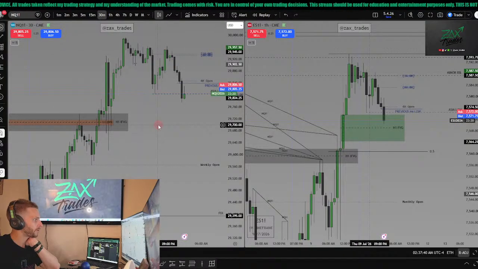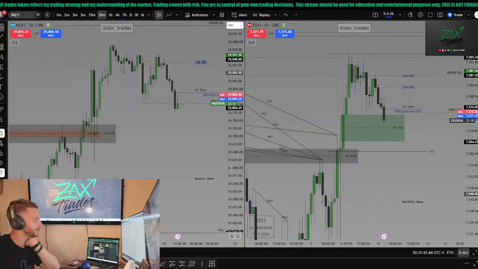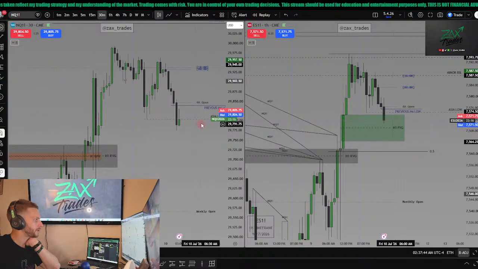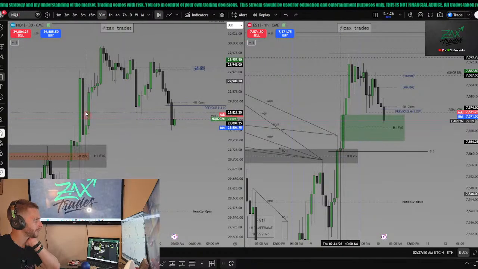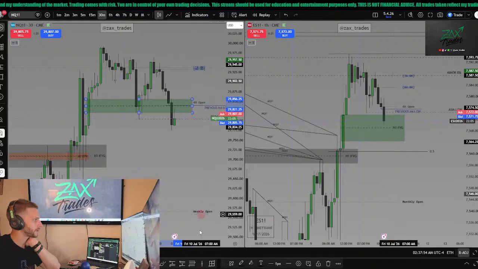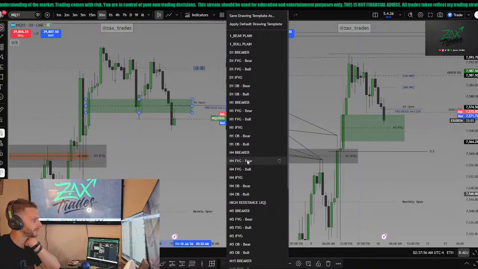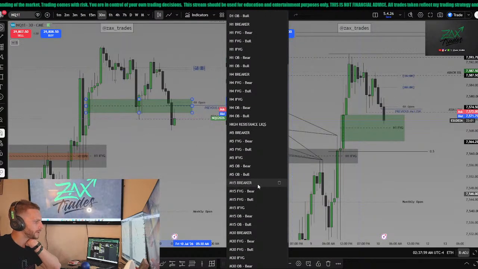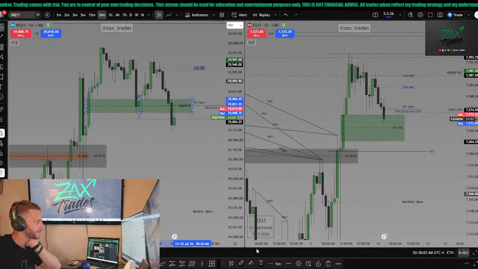But because we don't have that 1 hour, I would then have to go down. So let's see what the 30-minute is having. So actually, this is a bit concerning for longs now that I'm looking at this. So here is the closest, this is the highest time frame gap that I can find in this general area of price.